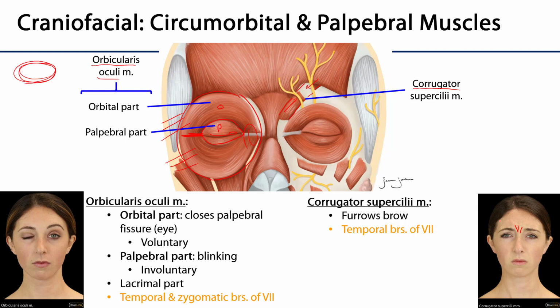This is an action that people will take involuntarily when they are confronted with a bright light. So this can be paired with squinting. Along with orbicularis oculi, you can contract the corrugator supercilii so as to provide your eyes a little bit more shade.